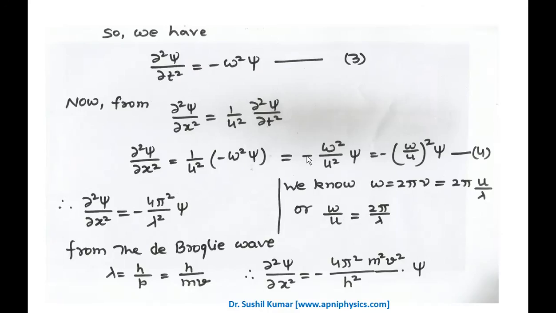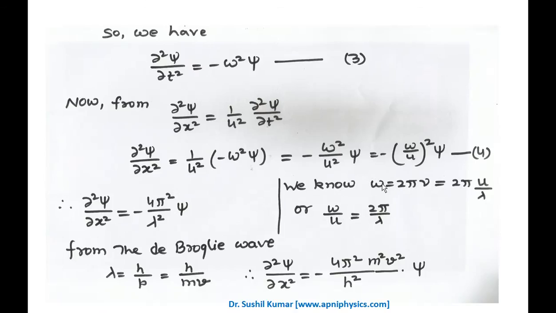And after simplification this can be written as minus omega square upon u square psi, and that can be written as minus omega upon u whole square psi.